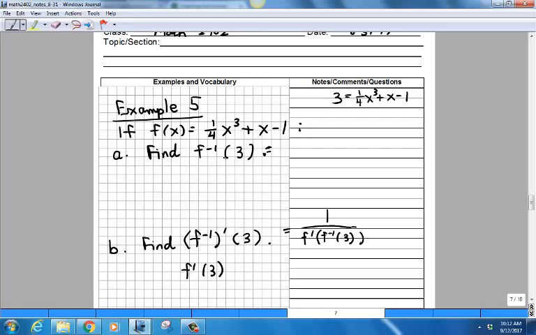Is 0 going to work? No. Okay, is 1 going to work? No. 1 comes kind of close, though. All right, is 2 going to work? What happens when you plug 2 in there?